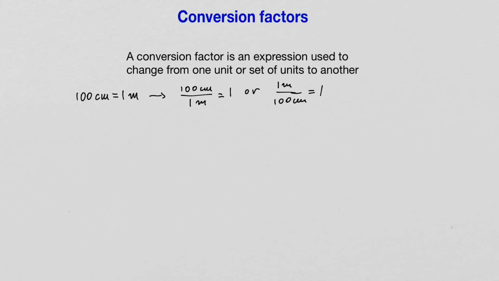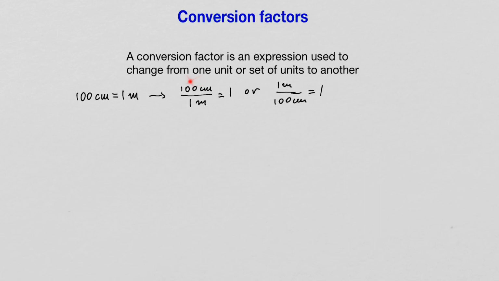So for example, from the previous slide, we know that 100 centimeters are equal to 1 meter. So if I make the ratio of 100 centimeters divided by 1 meter, since those two measure the same length, then that ratio is equal to 1.